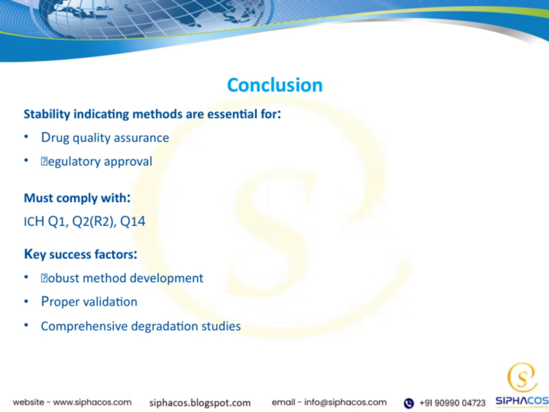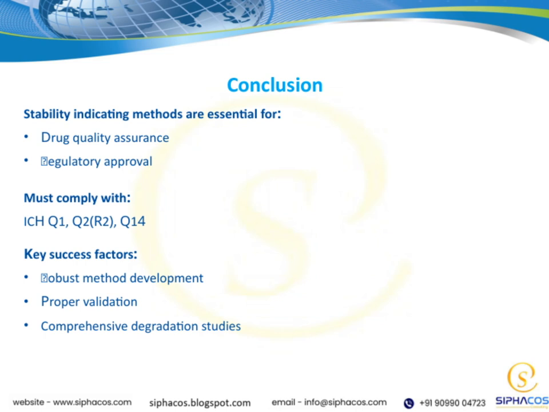Now, for success in this area, there are a few key factors to keep in mind. First, robust method development is essential. Our methods need to be precise, reliable, and sensitive enough to detect degradation products. Proper validation is equally important, confirming that our methods consistently produce accurate results.